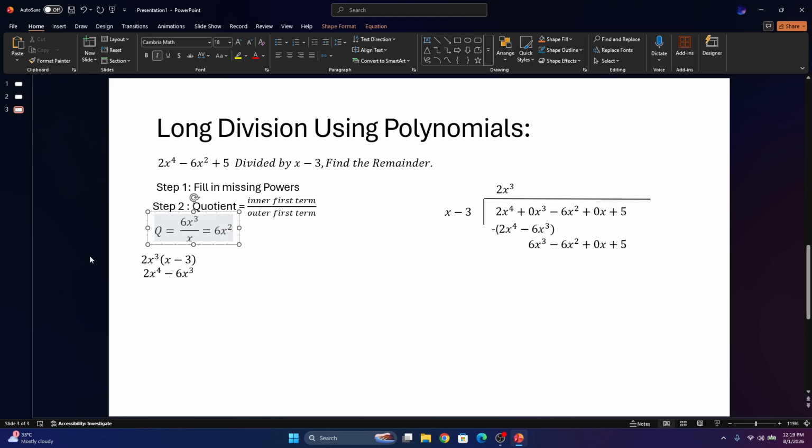As you guys can see right here, since we have removed one power of x from the top, we are just going to be left with 6x squared. So now we're just going to multiply our divisor by our new quotient.